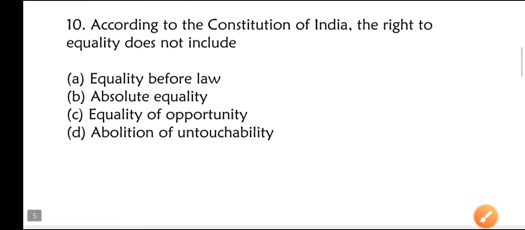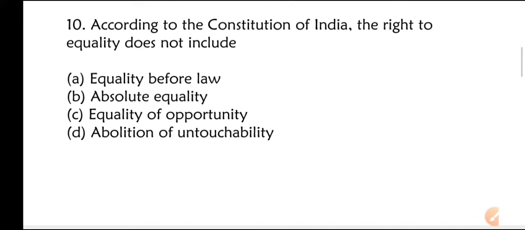Now question number 10. According to the Constitution of India, the right to equality does not include, options are equality before law, absolute equality, equality of opportunity, abolition of untouchability. So the question is asking, in our constitution, the right to equality does not include what?